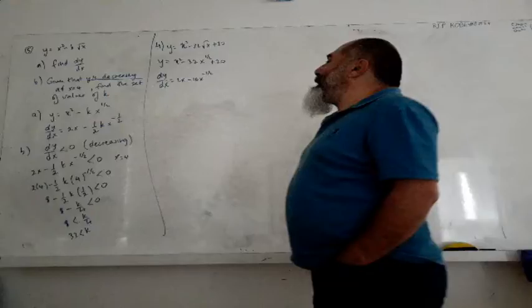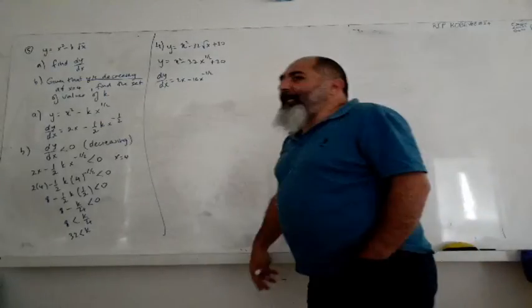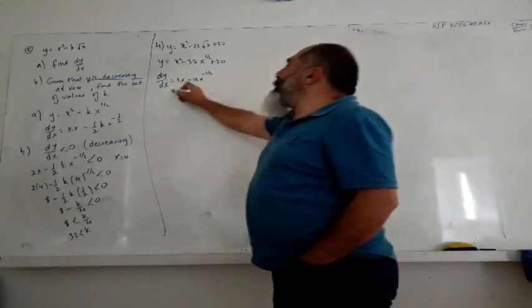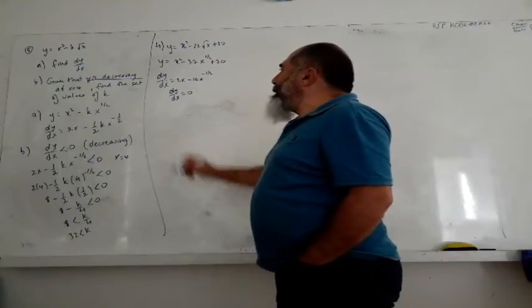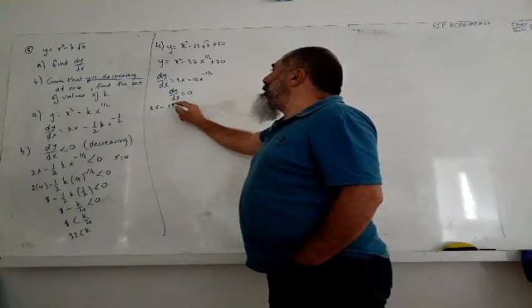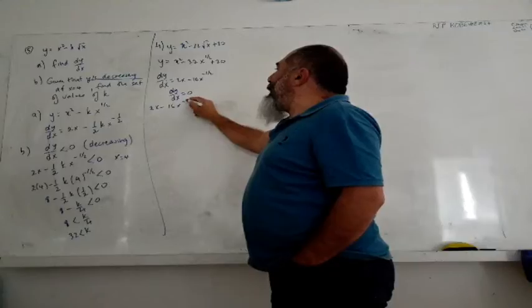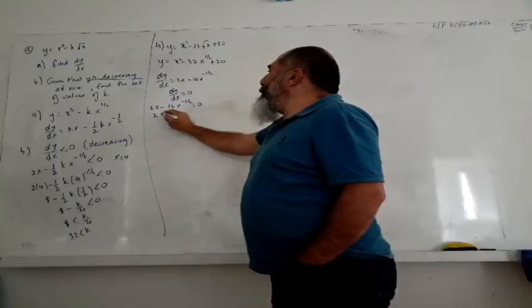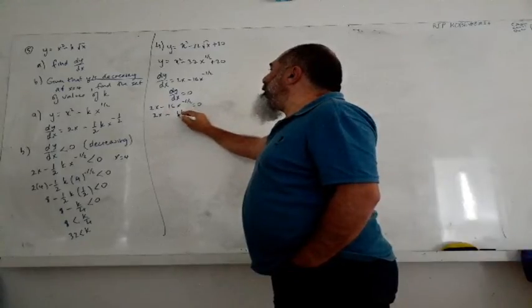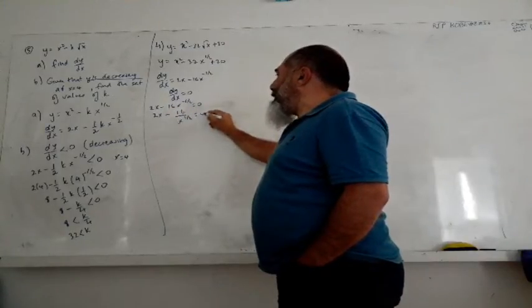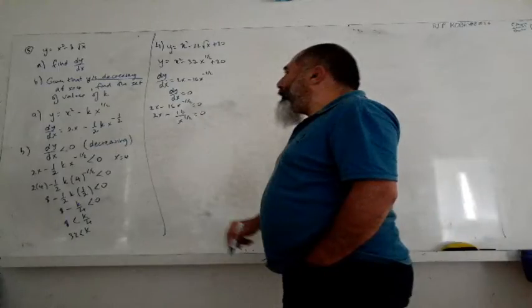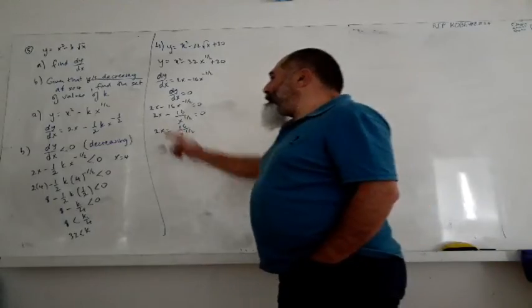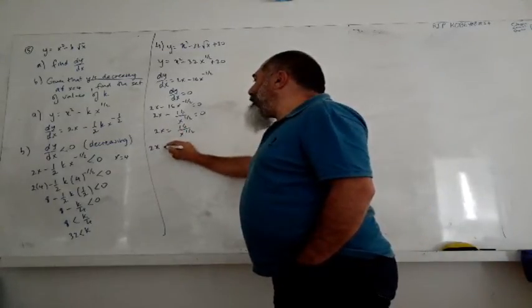And what was the second step? The second step is we have to equate dy over dx to 0. 2x minus 16 x to the power of minus 1 over 2 is equal to 0. 2x minus 16 over x to the power of 1 over 2 is equal to 0. 2x is equal to 16 x to the power of 1 over 2, cross multiplication. 2x times x to the power of 1 over 2 is 16.